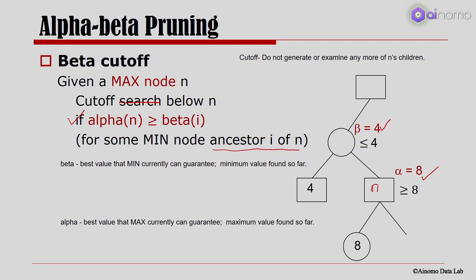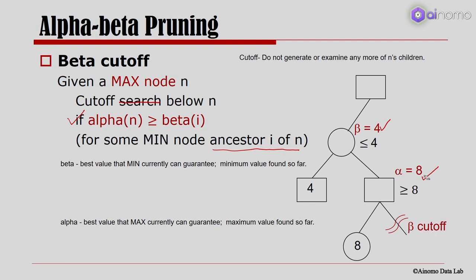So the alpha of n, which is 8, is greater than or equal to the beta of i, which is 4. The condition is satisfied. That means we don't need to search anything beyond this line, and this is called a beta cutoff.